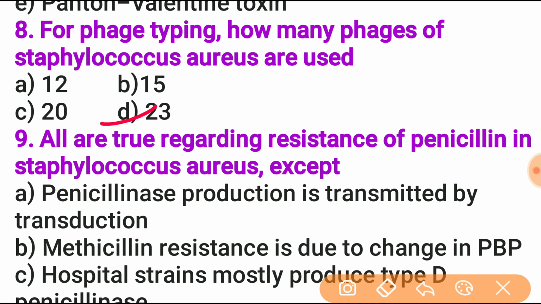It is a method where a set of 23 standard typing phages of S. aureus are used to type staphylococcal isolates and distinguish them from one another by their pattern of susceptibility to lysis. So the answer is 23.